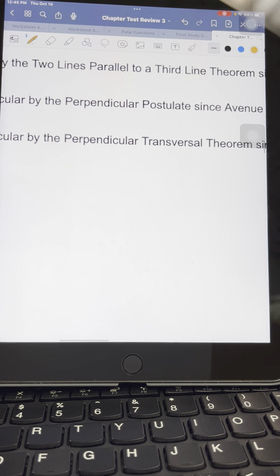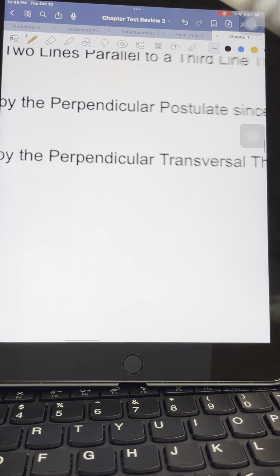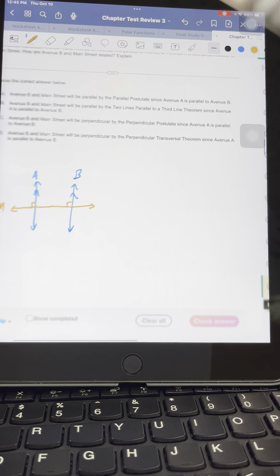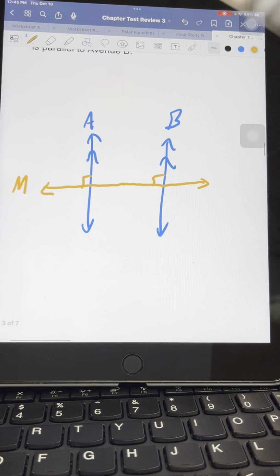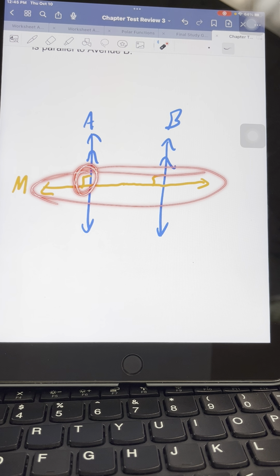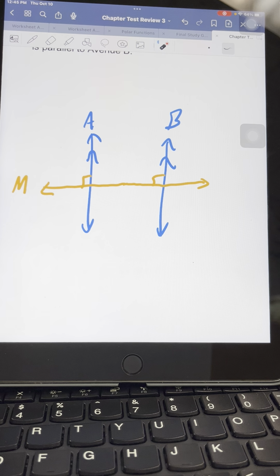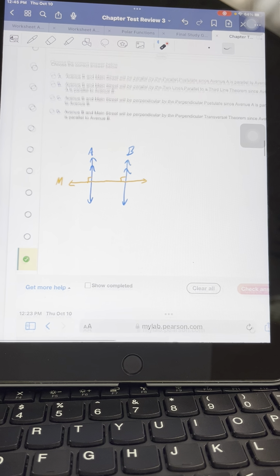Because of the perpendicular transversal theorem, not postulate, theorem, which tells us that if a transversal intersects one of the lines at 90 degrees, whatever other lines are parallel to the first line will also be intersected at 90 degrees as well.